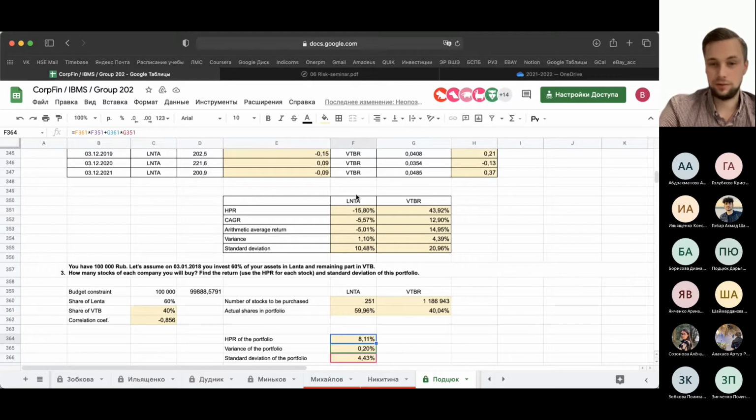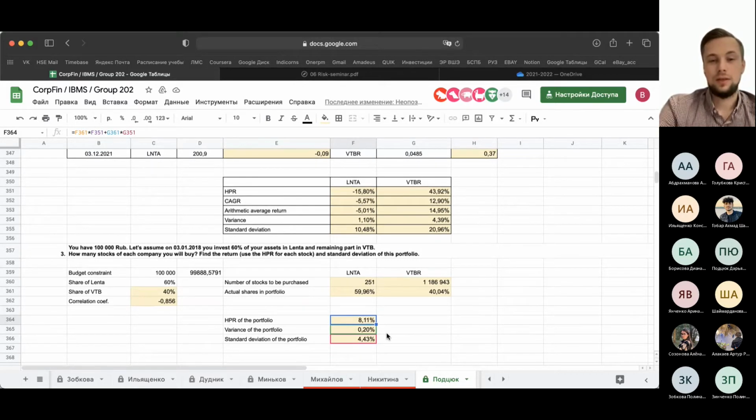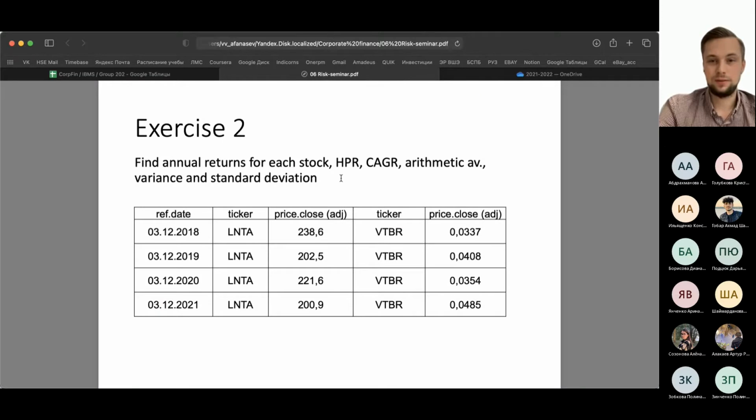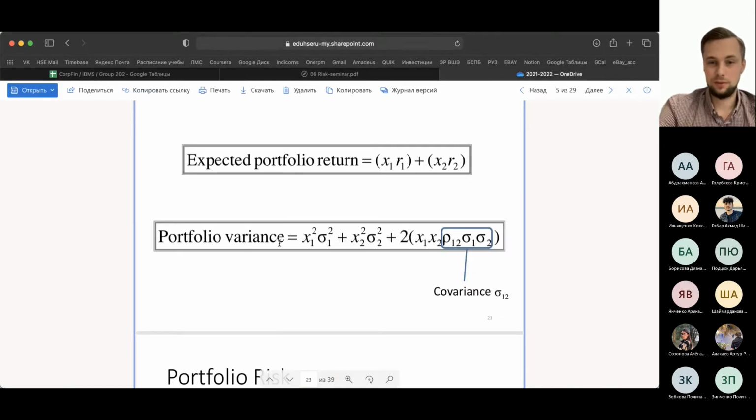It's not negative like Lenta. So that's how portfolio theory works. And probably you will have something similar on your midterm, so please remember this formula. I cannot tell you what will be on the midterm, but probably you will need it.